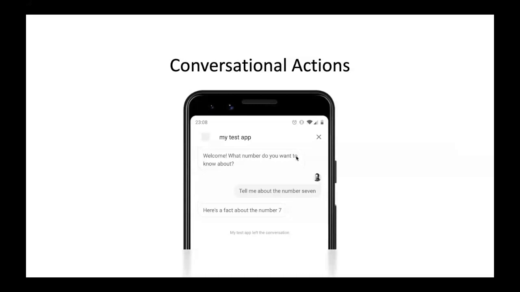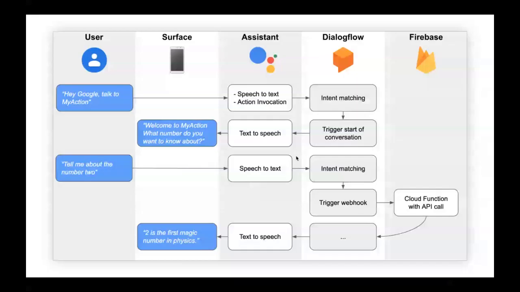Let me show you. Here we have a user, the surface, where the answers will be displayed, here an Android device, the assistant, Dialogflow, which is an online service for conversational interfaces, and Firebase. When the user starts the conversation by saying, Google, talk to my action, the assistant transforms its request into text and invokes what's called an agent on Dialogflow.